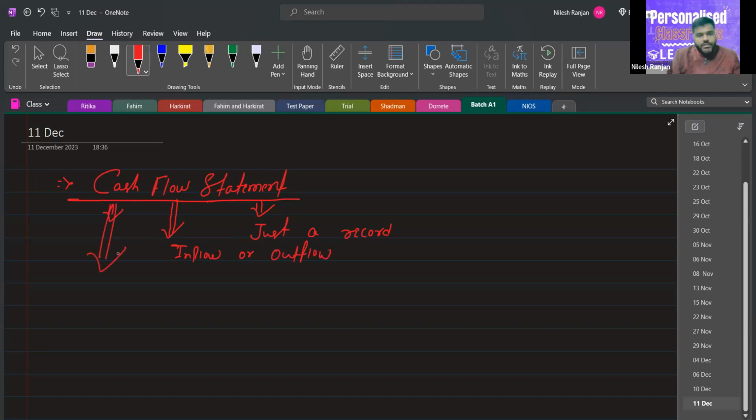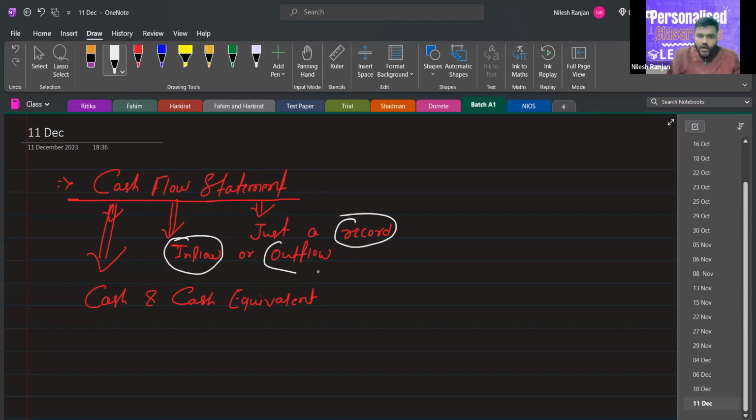And cash means cash and cash equivalent. This is the meaning. So cash flow statement is a record of what? Of inflow and outflow of cash and cash equivalent.